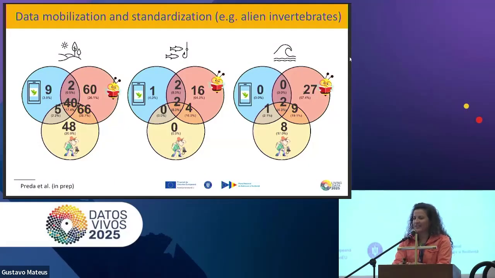We're working on it as well. We're trying to convince people to use apps like iNaturalist, which feeds data into GBIF, rather than Facebook or Instagram. You can see that 10 of the 300 species of alien invertebrates have come from records provided by citizen scientists.